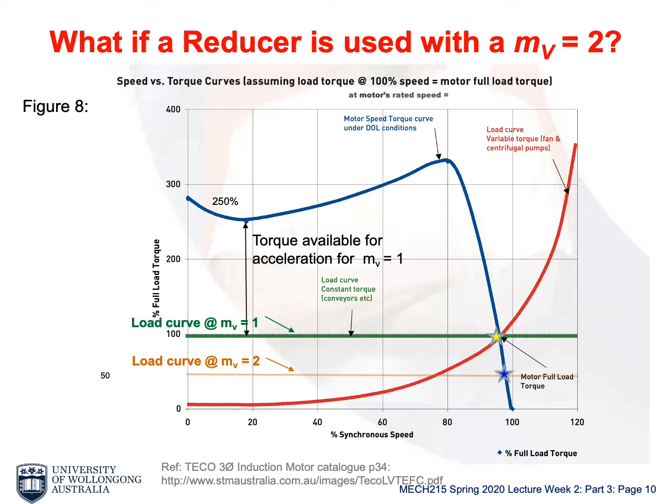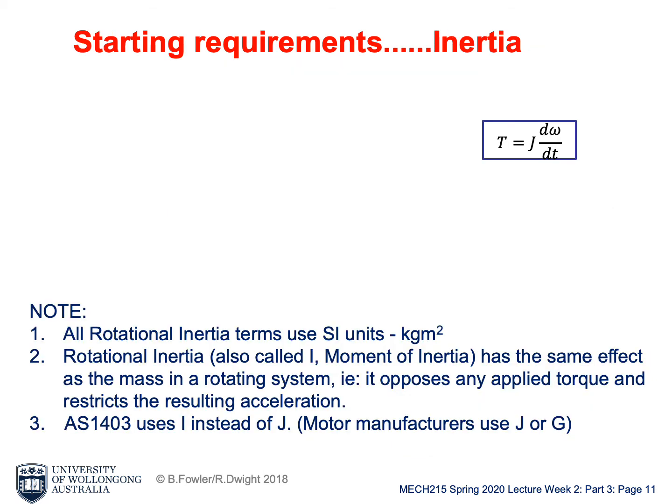different work point. There are two different ways to measure the starting requirement. One is from the inertia. The other one is by measuring the time. From Newton's law for rotational movement, T, the torque, is equal to J, the inertia, multiplied by d omega dt.